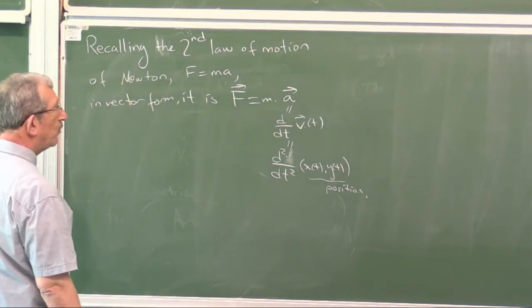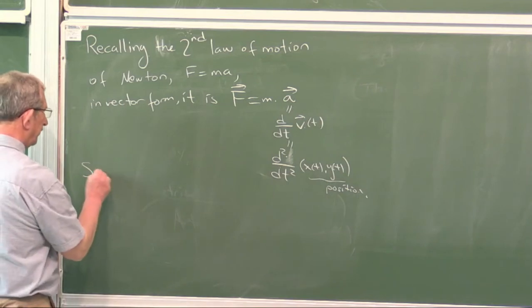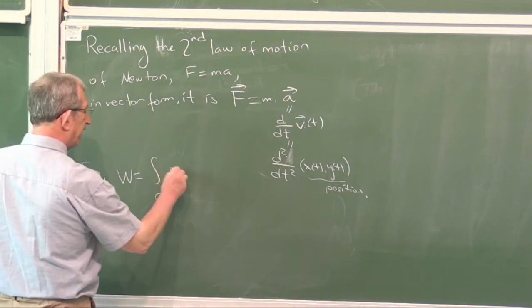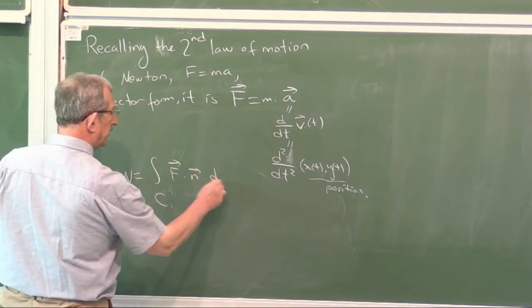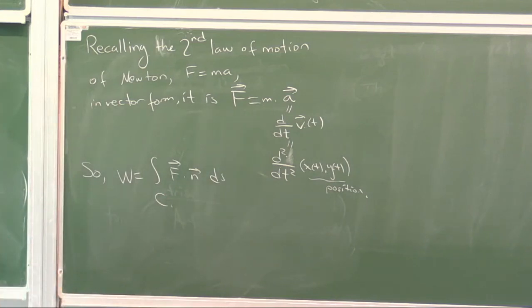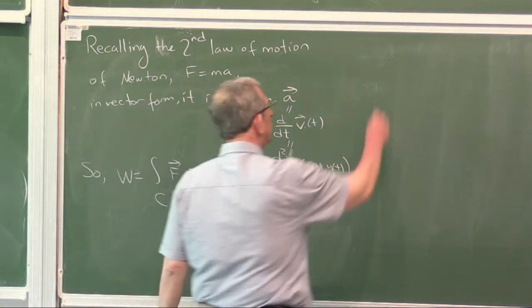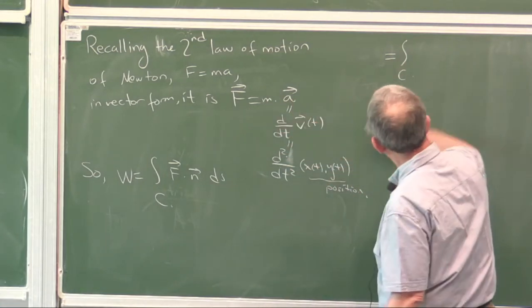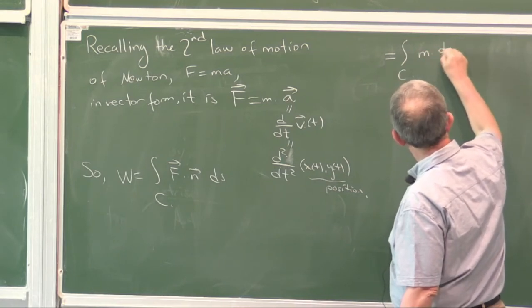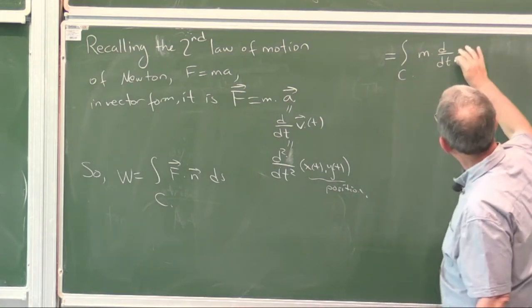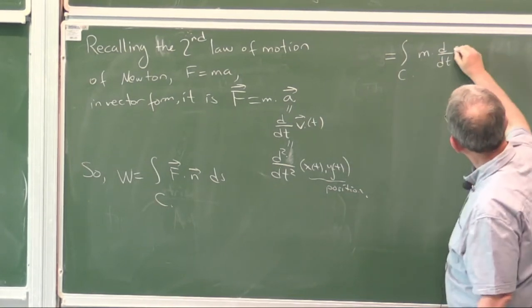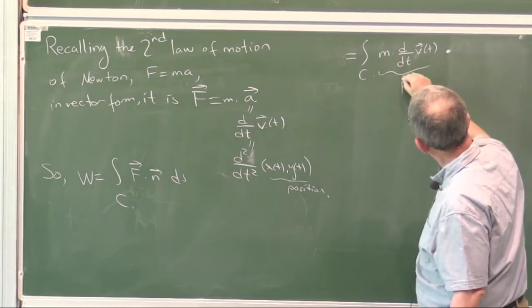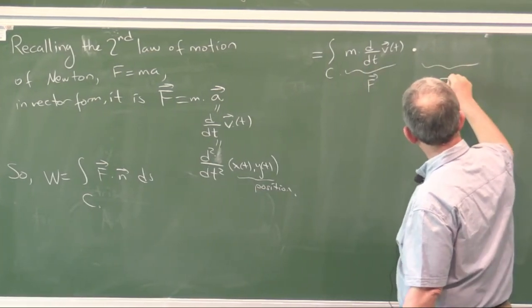Well, so what do we get? The work done is f dot n ds. So far we know it, everything is fine. But remember f is m times a, so it's m times the derivative of v of t, dot n.